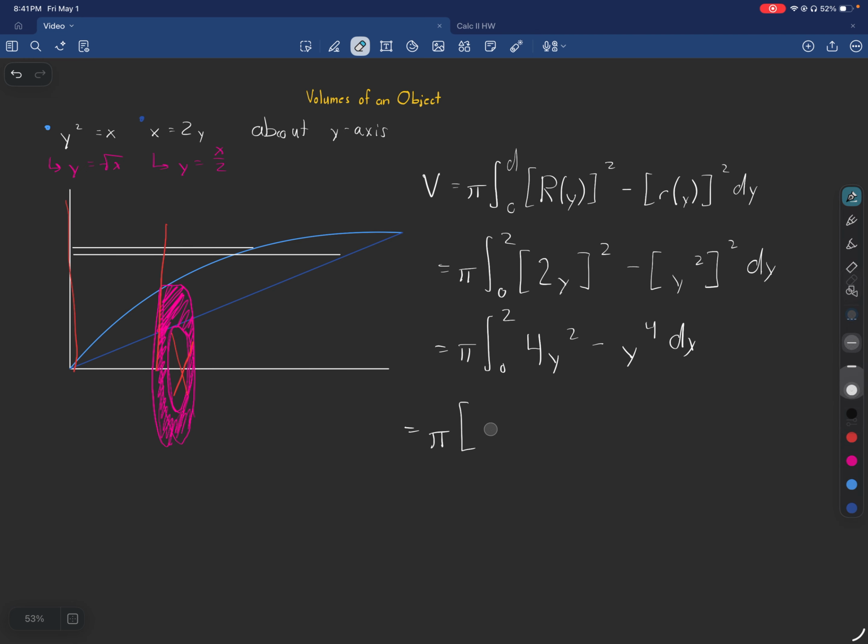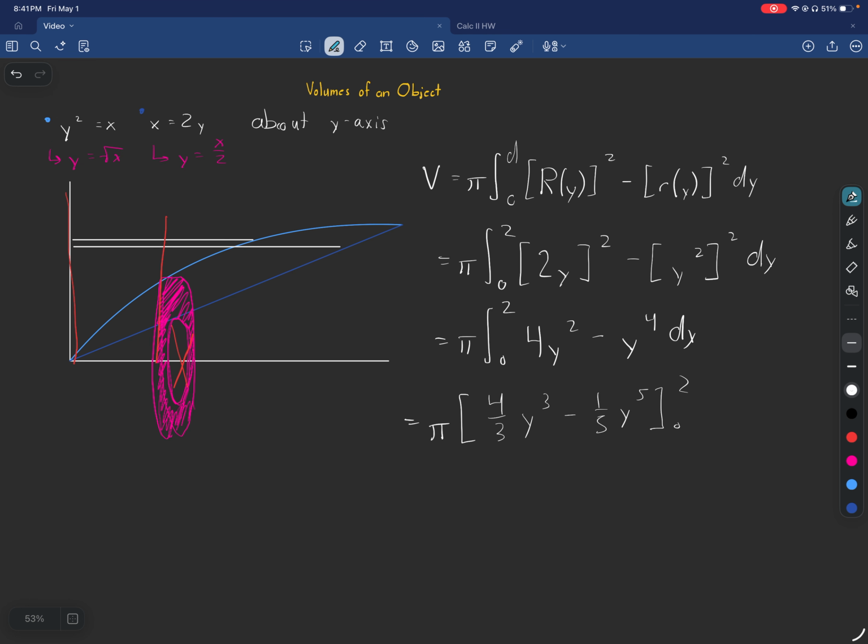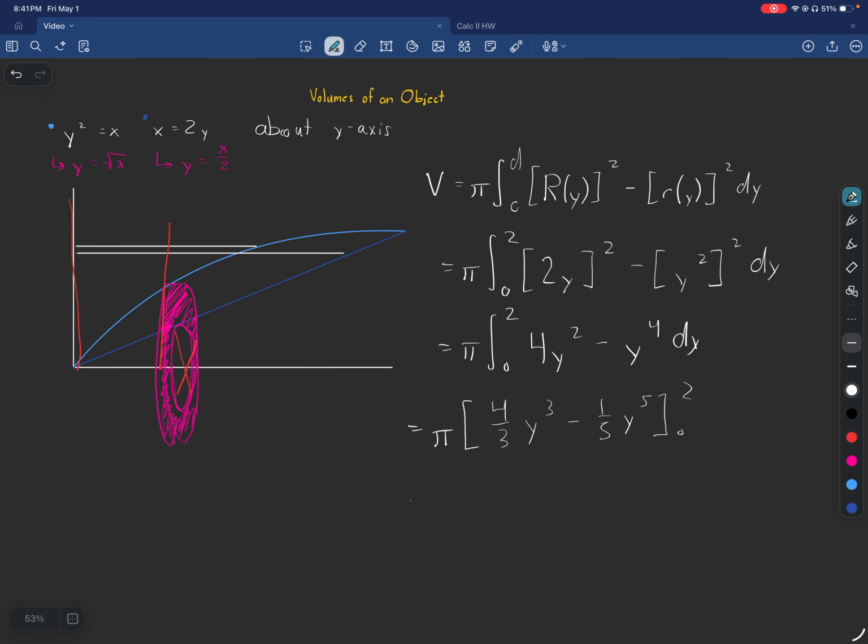You'll end up with 4 over 3 times y cubed minus 1 over 5 times y to the fifth. And then just plugging in numbers, your basic integration stuff will get you 16 pi over 15. And that's all. It's not too much to worry about, I feel.